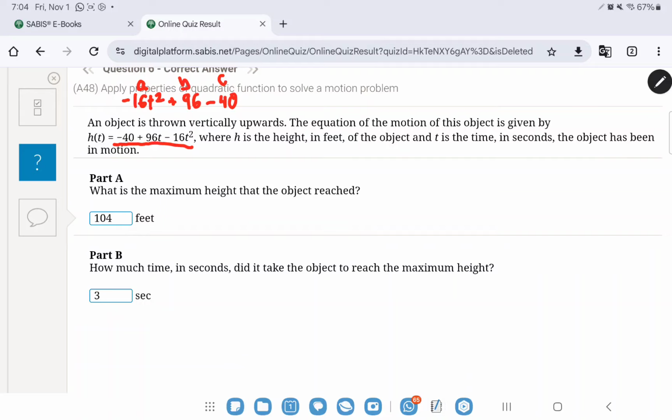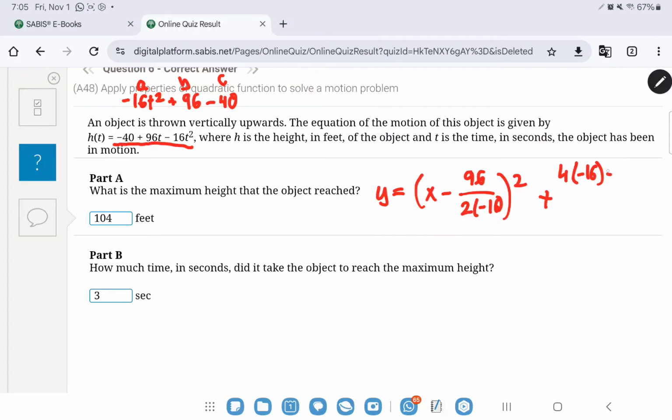So now we need to write it all in canonical form. So y equals x minus b, which is 96, over 2 times negative 16, squared, plus 4 times ac. A is negative 16.